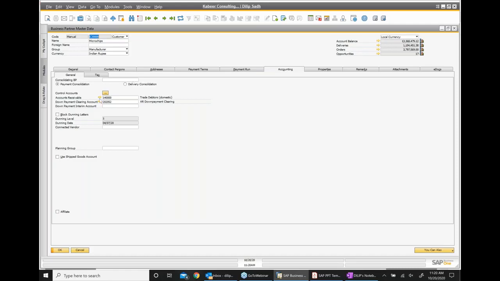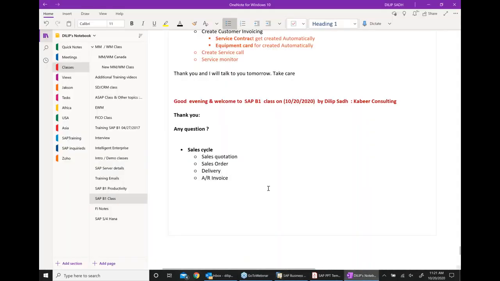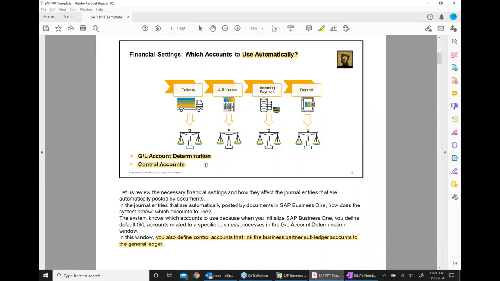That 13 million also gets entered in this account receivable and trade debtor account as well. So there is something called reconciliation account. We will talk more on this as well.